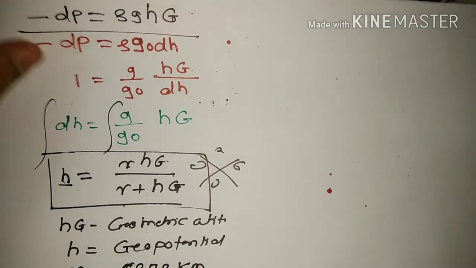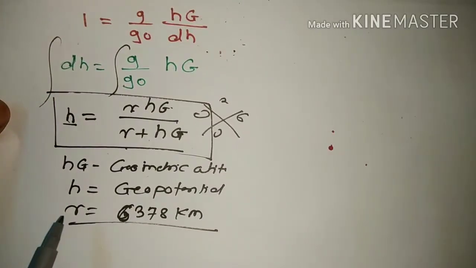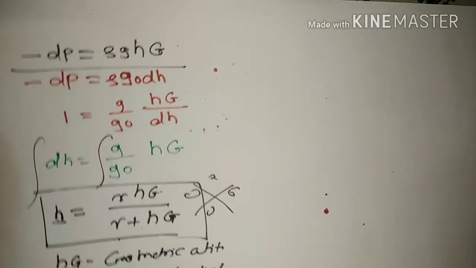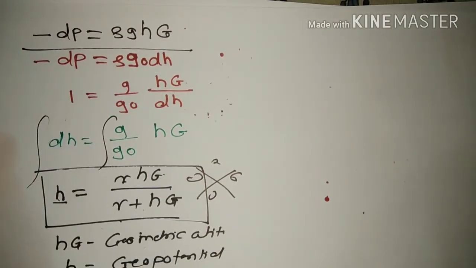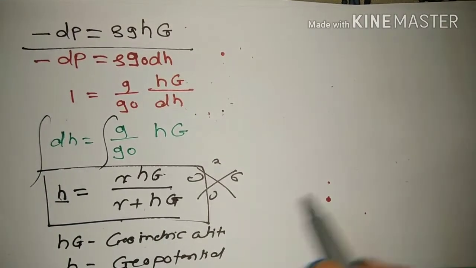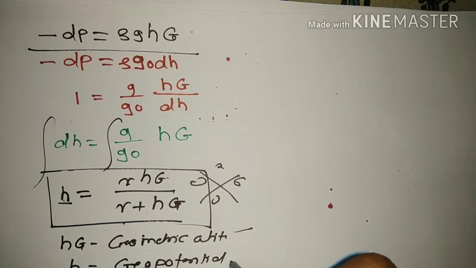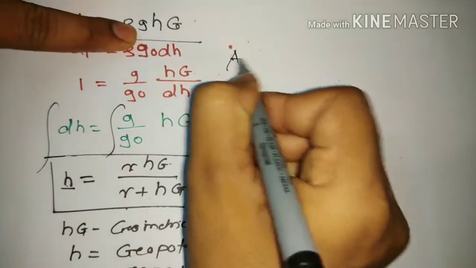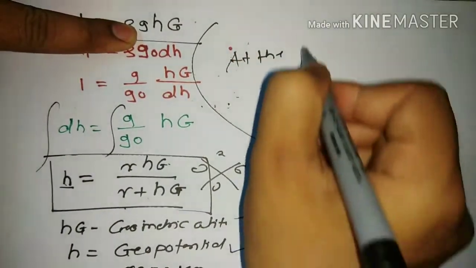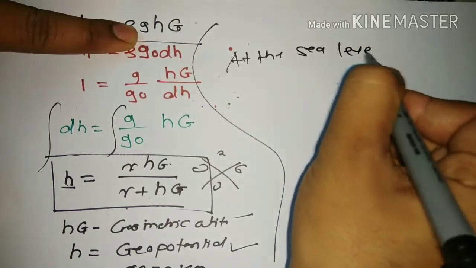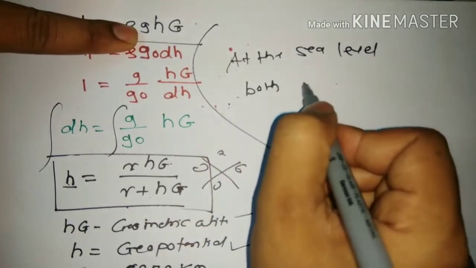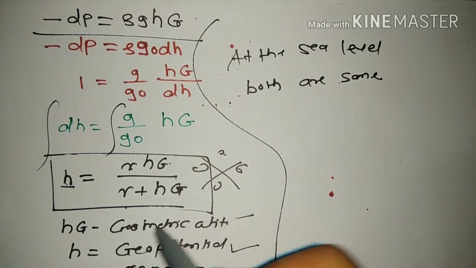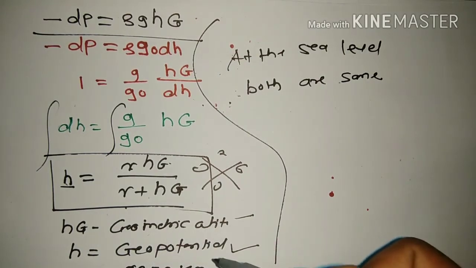So earth radius R is equal to 6,378 kilometers. The important thing is that geometric altitude and geopotential altitude at sea level are both the same, because gravity is also the same.